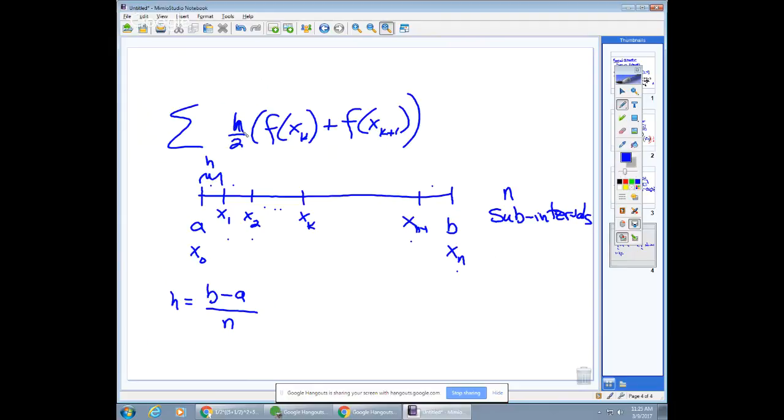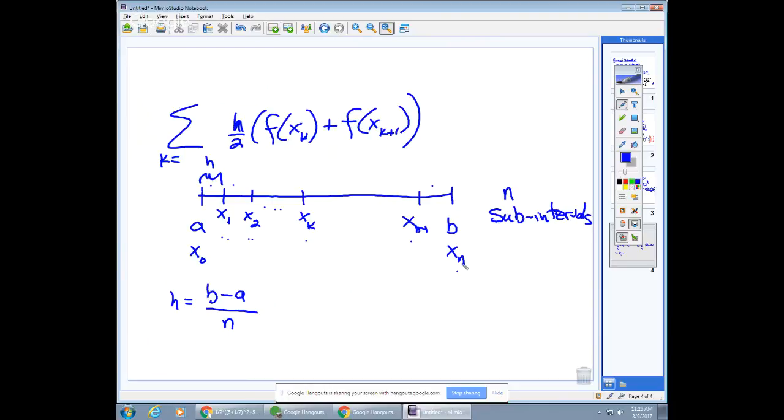So according to the way I drew my number line out with all my little x values to partition it, then I would be taking the sum as k goes from 1 all the way to n. Is that true?